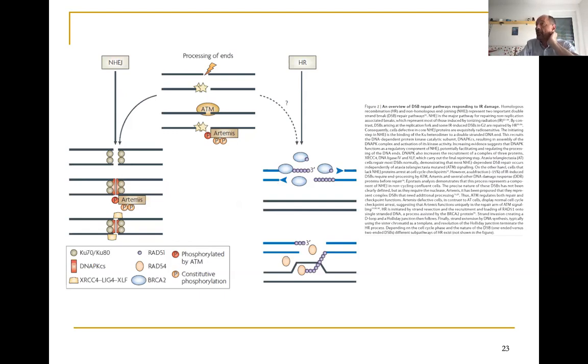So even in S and G2, the majority of the damage is repaired through non-homologous end-joining. Also, the choice between non-homologous end-joining and homologous recombination very much depends on the complexity of the damage, with a preference for homologous recombination in S and G2, of course, because you cannot have homologous recombination in G1, and with a preference here when you have complex DNA damage.